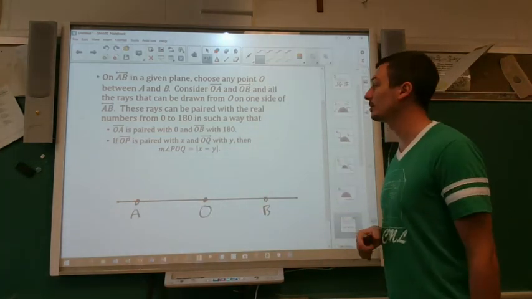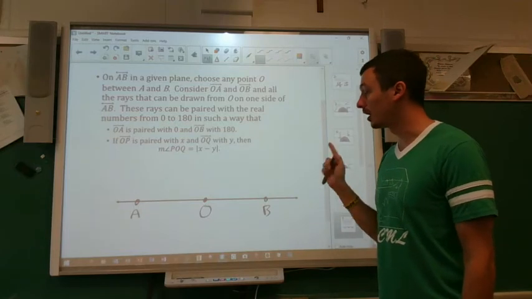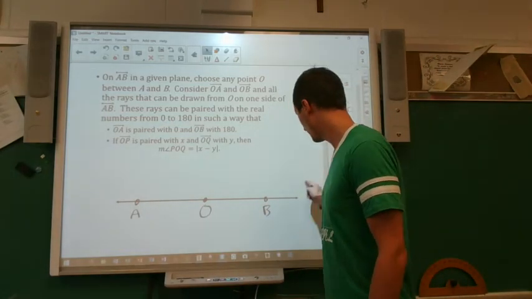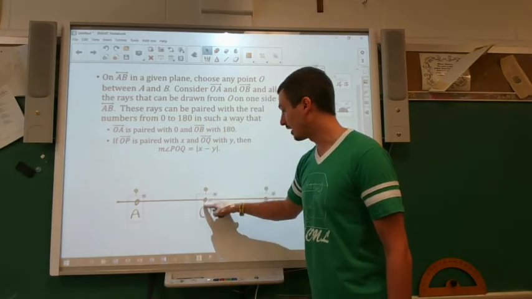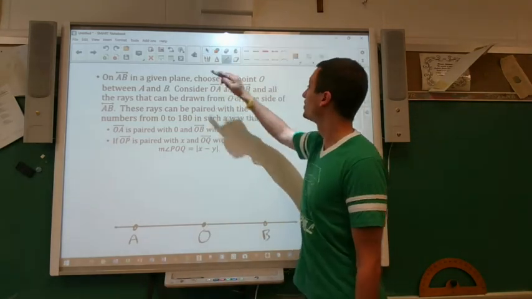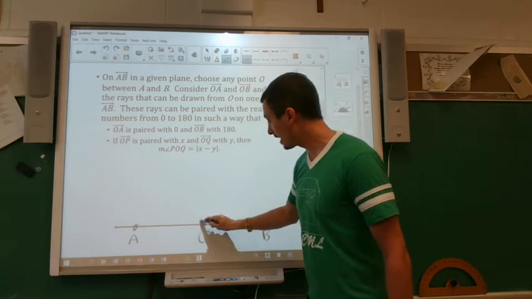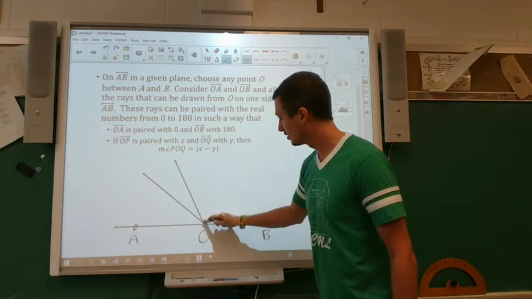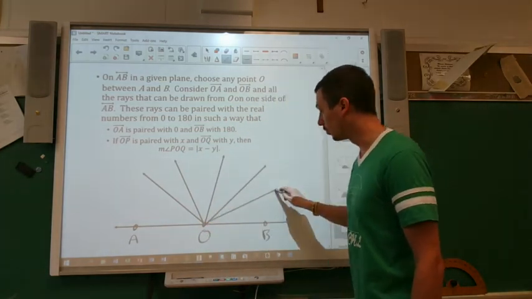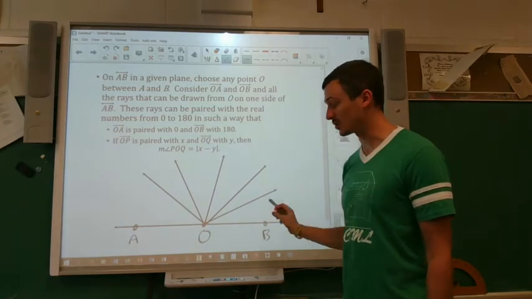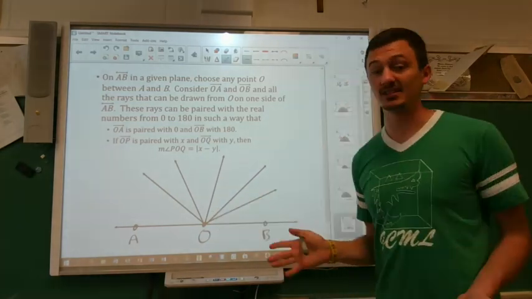And all of the rays that can be drawn from O on one side of line AB. So I want to be able to draw any ray that I want on one side of line AB. So I can draw as many different rays as I want.